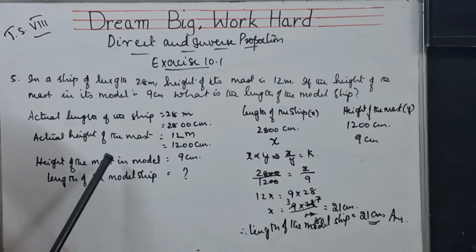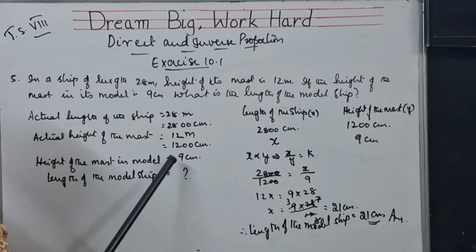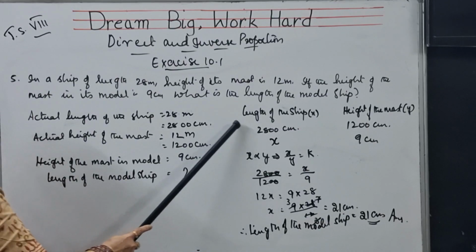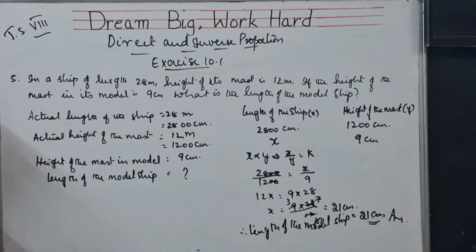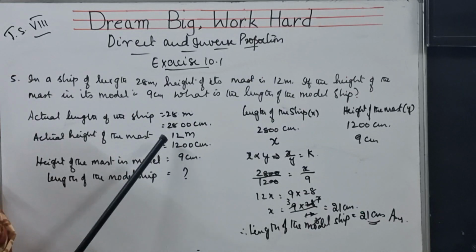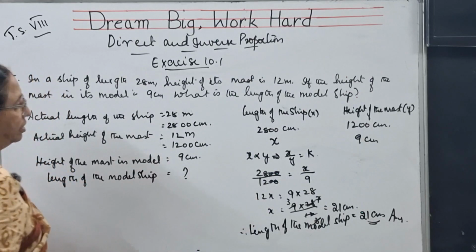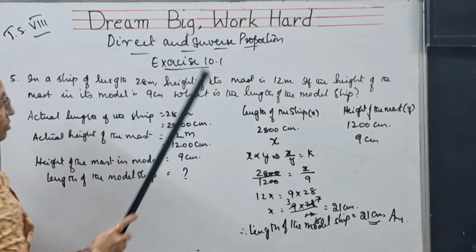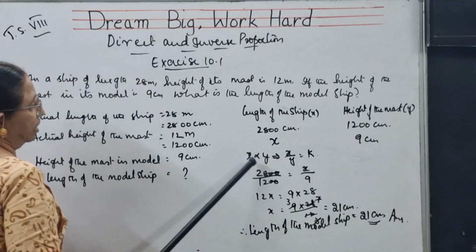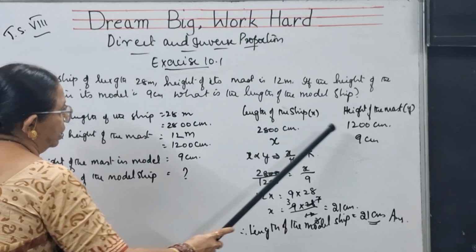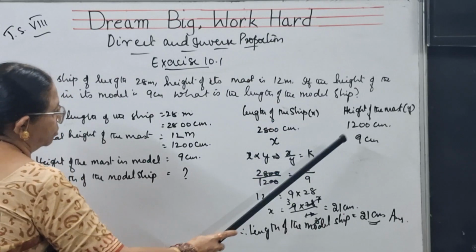Then height of the mast in the model is 9 centimeters. What is the length of the model ship? So we know that length of the ship, we can take it as x, height of the mast as y. So a 2800 centimeters ship length has a mast size of 1200 centimeters. 9 centimeters mast height means what is the length of the ship. x is directly proportional to y, so x by y is constant. 2800 by 1200 is equal to x by 9.